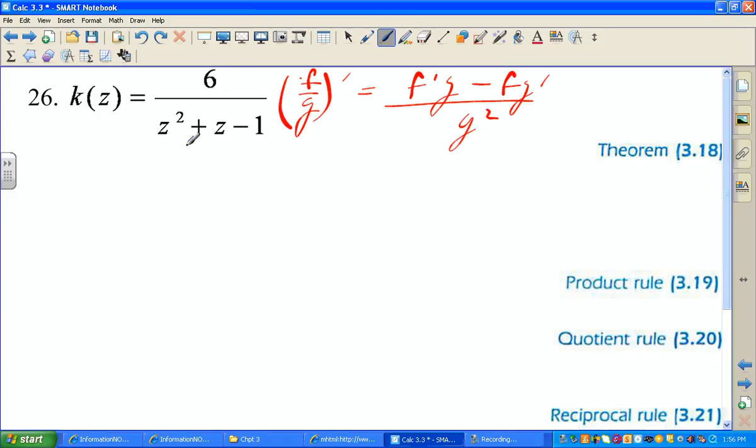Yes, the 6 is a constant, so the derivative of that is going to be 0. Don't really waste your time writing the denominator times that. You know why? People do, and then they carry it through, not realizing it's going to be 0.